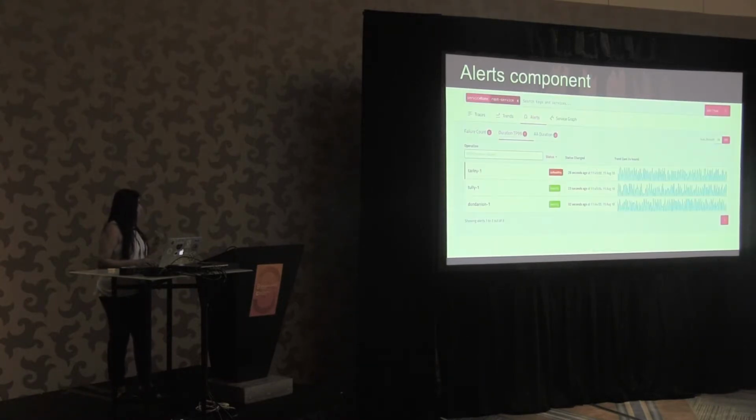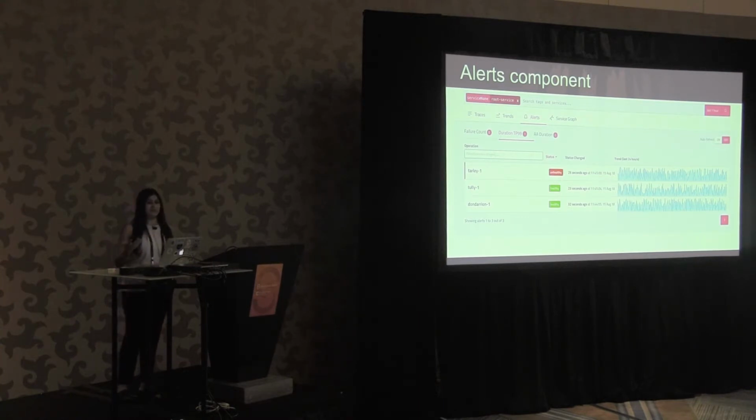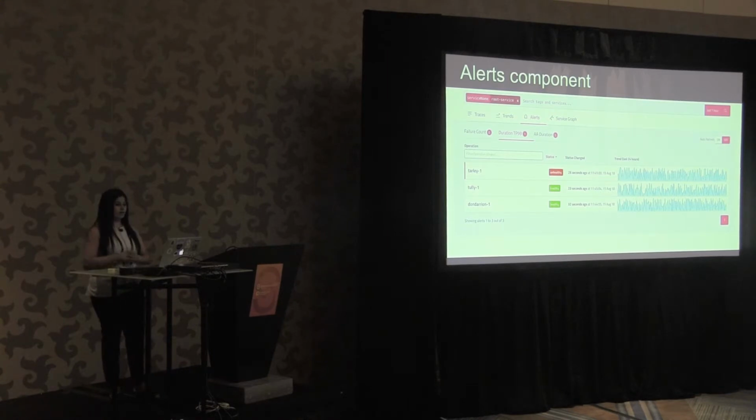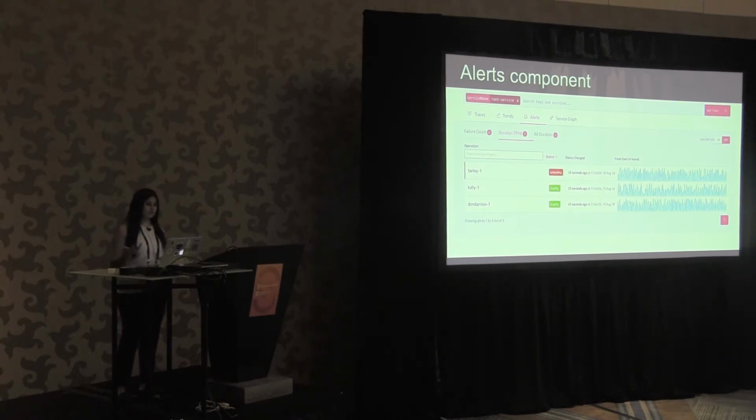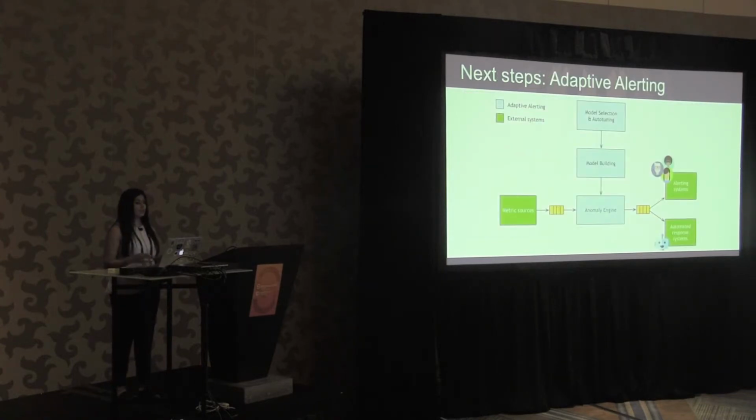The alerts component. The alerts, again, something that we added as an early monitoring system. Our alerts were super basic. We were using thresholds at one time, and then we progressed to standard deviation, which was again not much of a progress in this machine learning world. So our next steps were actually to have more of an adaptive kind of alerting.